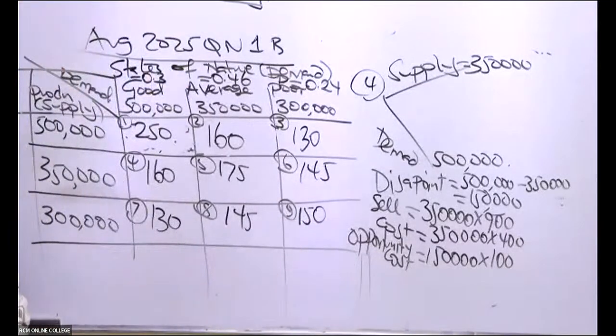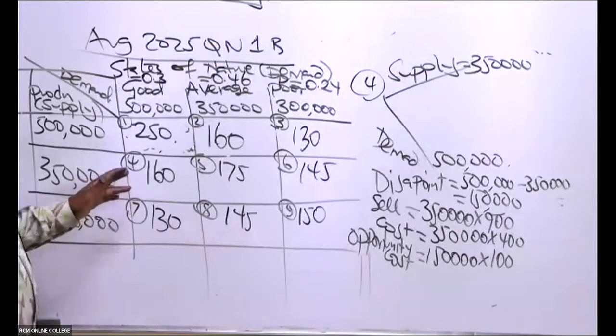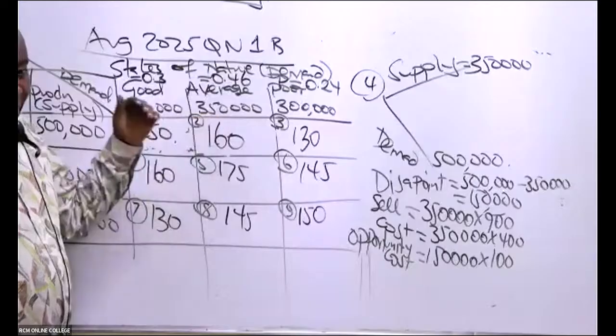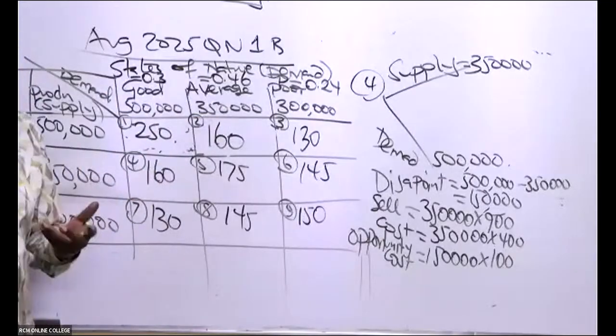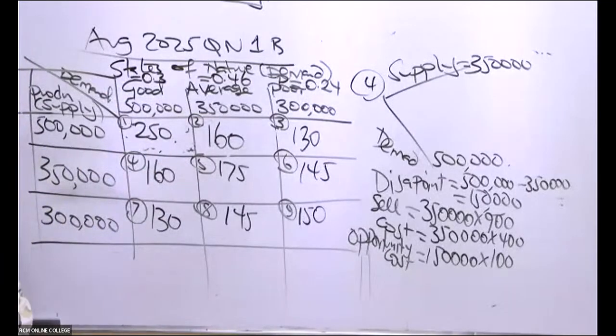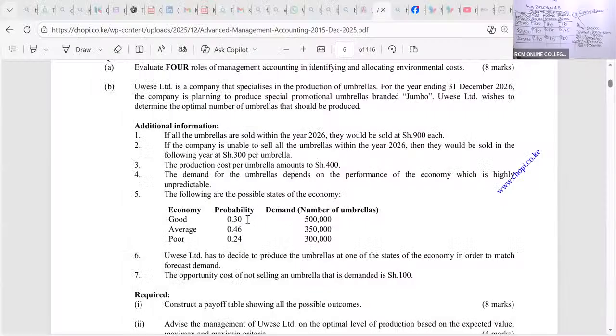Because of that great gesture, you can see now you are able to understand this question pretty well. So somebody was saying that they still have a problem identifying states of what? States of nature are probabilistic events. Yeah, probabilistic events. If you give me this kind of a table, note number 5, the following are the possible states of the economy. These ones here, good, average, poor.